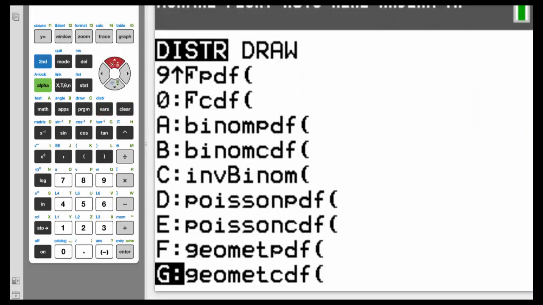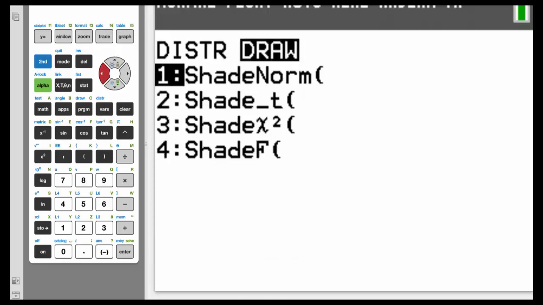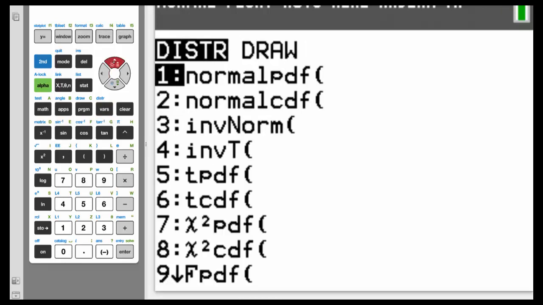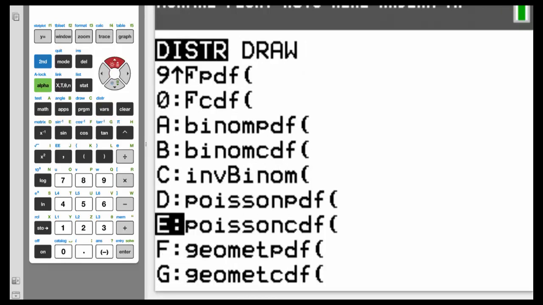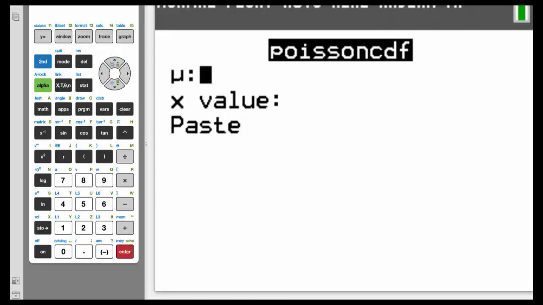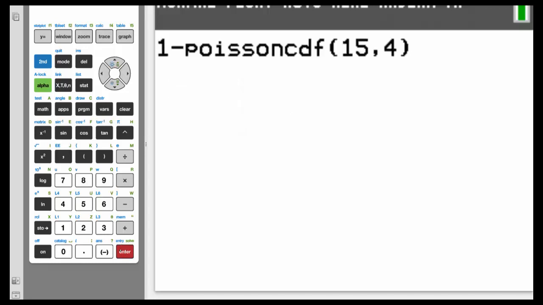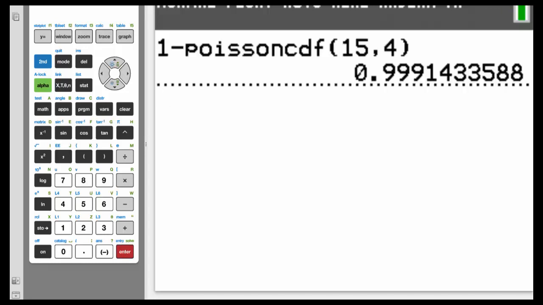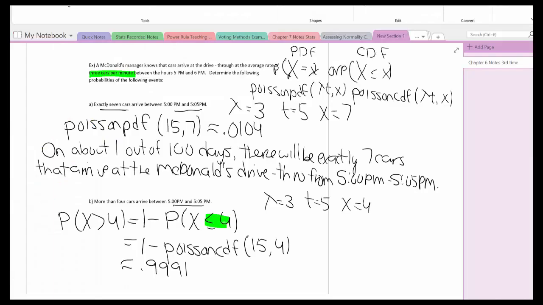This time we're going to do Poisson CDF, which is letter E. So again, remember the mean is lambda times t, so that's 15, hit enter, and 4, hit enter, hit enter, and to 4 decimal places, that's 0.9991. So let's put that on the paper now. So here it's 0.9991.